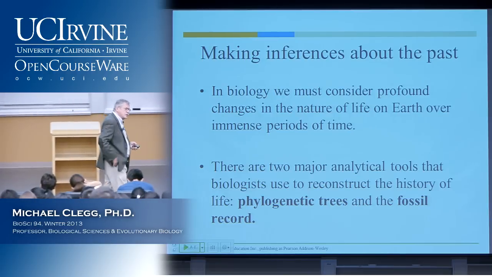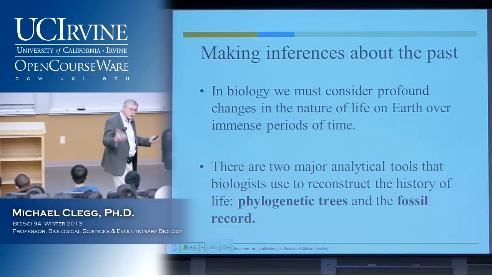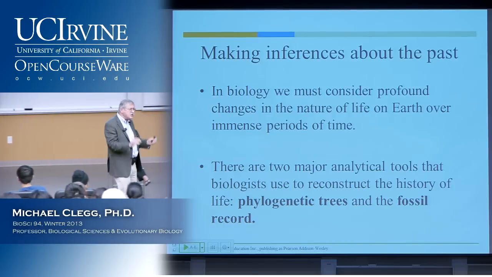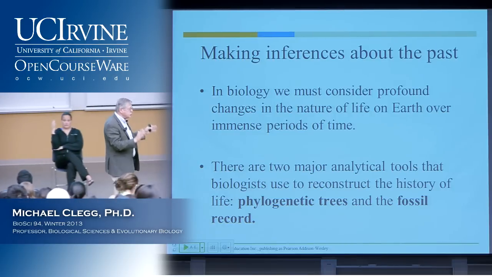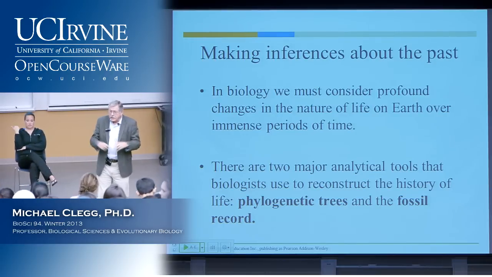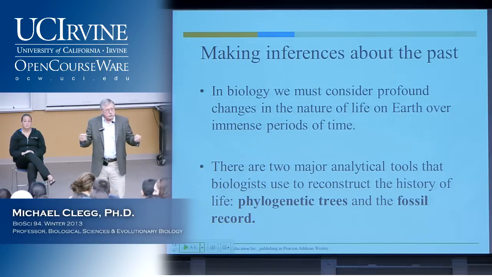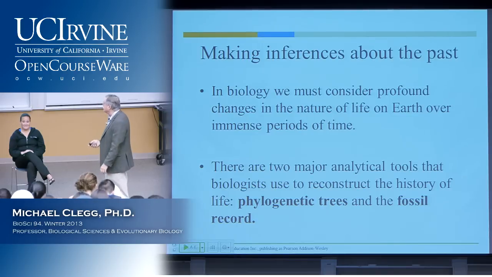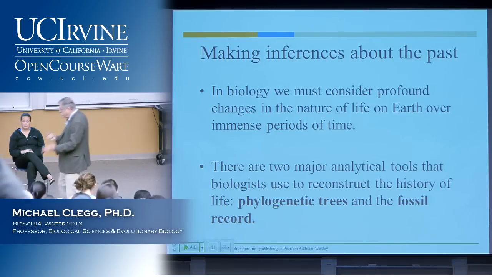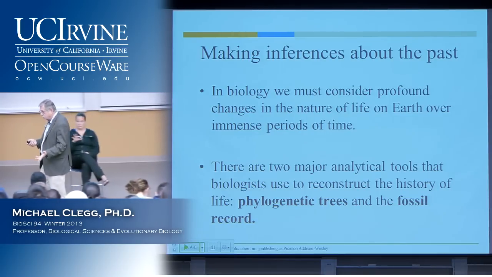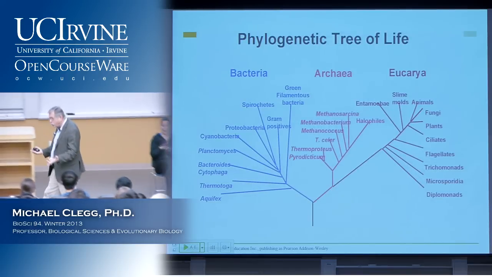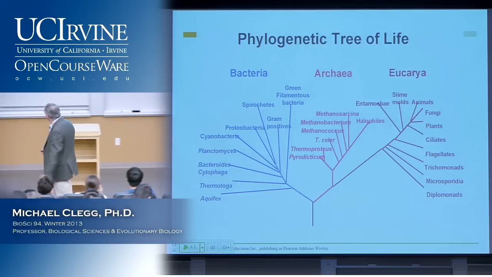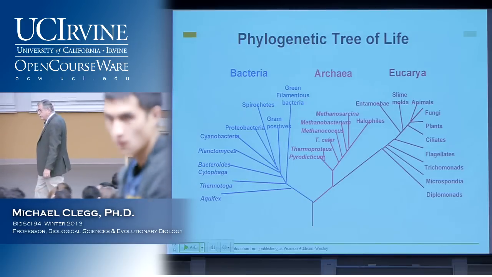One set of tools is building phylogenetic trees, by inferring past genealogical relationships among living organisms. Who's related most closely to whom? That's a phylogenetic tree. The other is the fossil record, and we've already talked a little bit about the fossil record. We'll talk more about that in this lecture. Here's a phylogenetic tree.